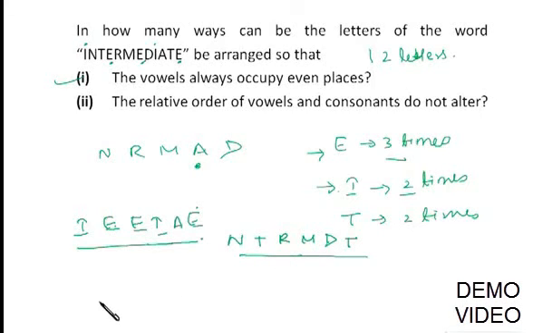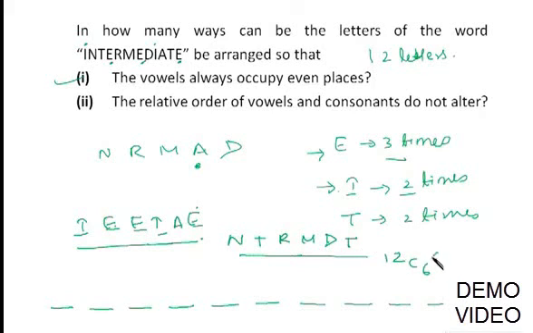So what is the alternative approach we have? I have 12 places, 1, 2, 3, 4, 5, 6, 7, 8, 9, 10, 11, 12. From these 12 places, I select any 6 places, so 12C6. On the selected 6 places, I have just one way of arranging the consonants, that the order should be N, T, R, M, D, and T. That is the single possibility.